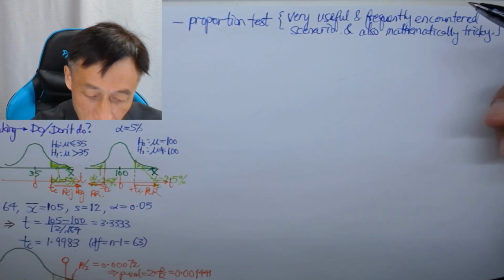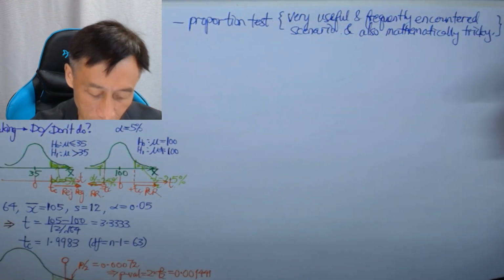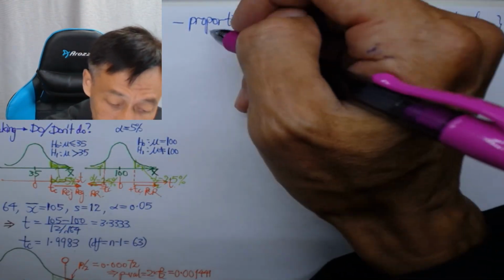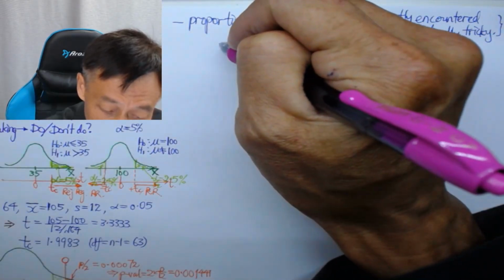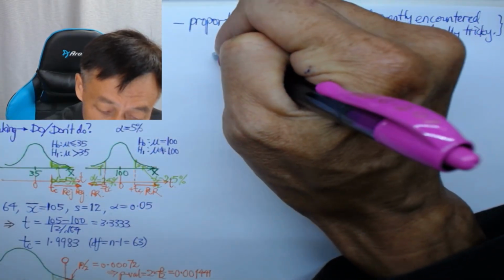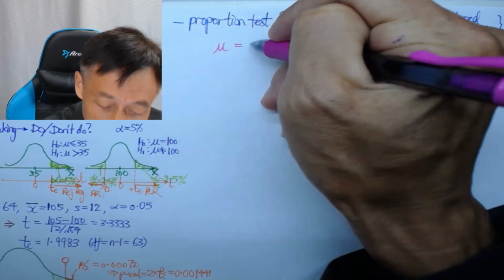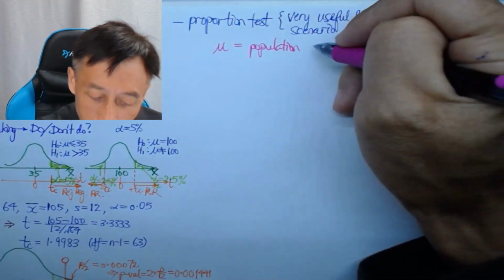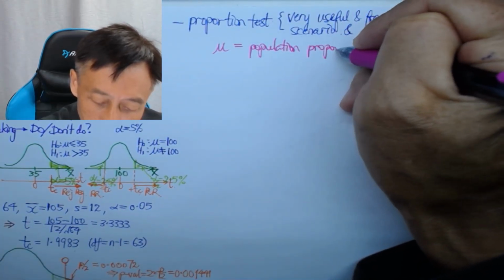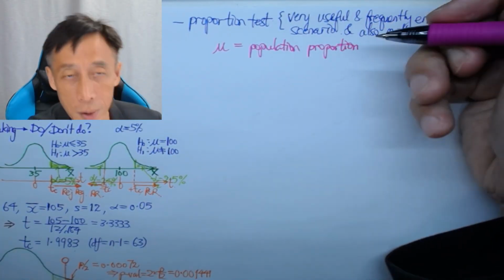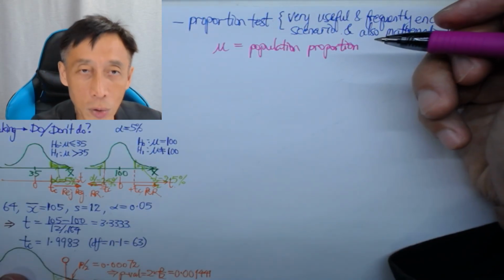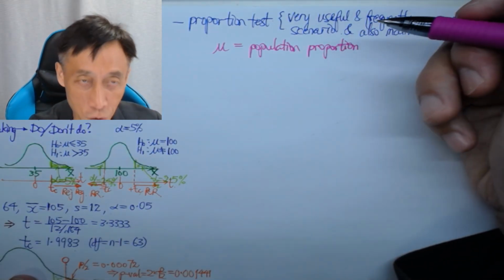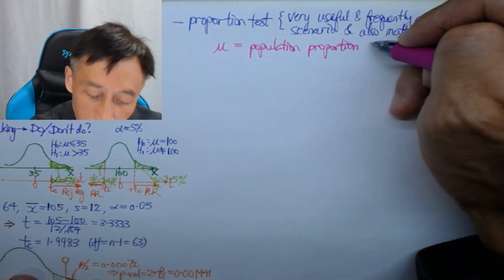Now, what is meant by proportion test is that the mu is the population proportion. The word proportion is frequently used in a standard manner across textbooks and publications and journals to mean the fraction, right?